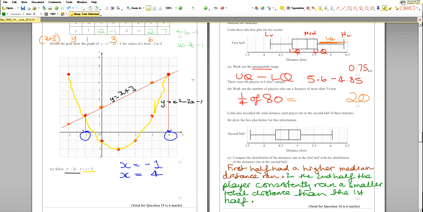So that's our comment on what we can see about the physical positioning of the box itself.